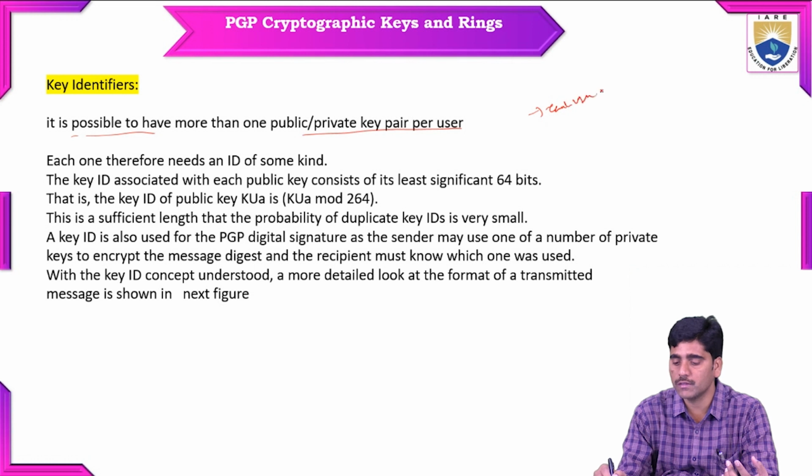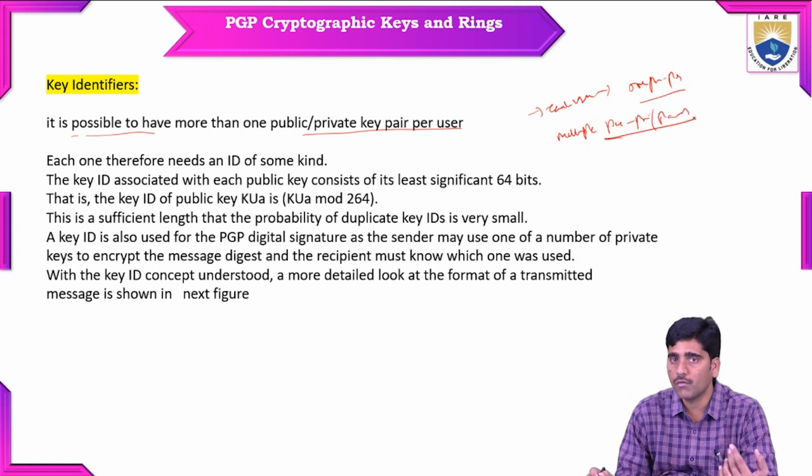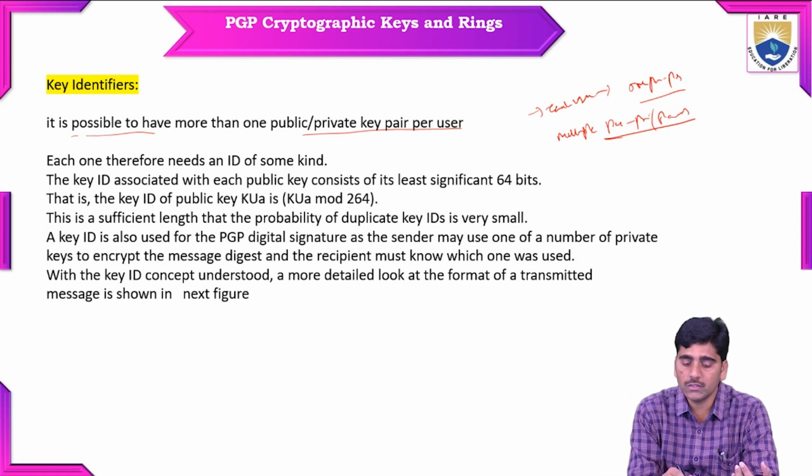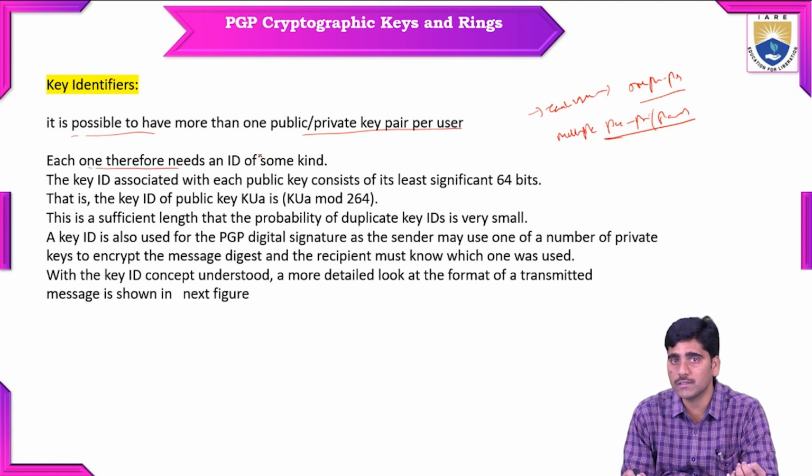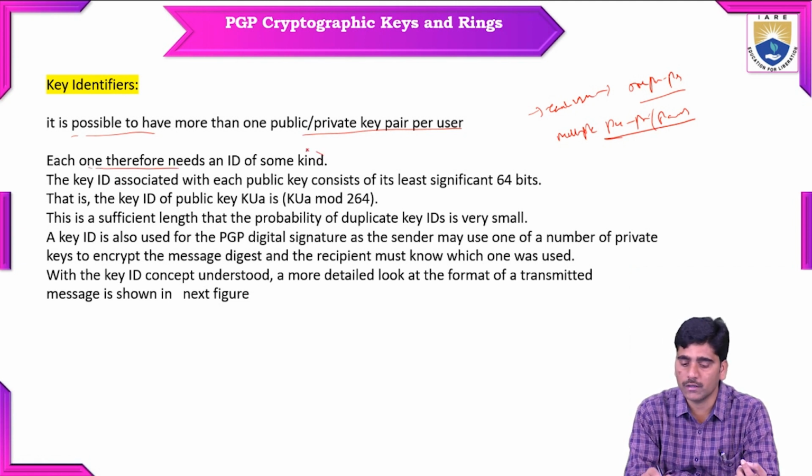Each user maintains one public or private key pair, or else multiple key pairs, whatever it may be. It has to be stored as a record in a file. So each one therefore needs an ID of some kind.